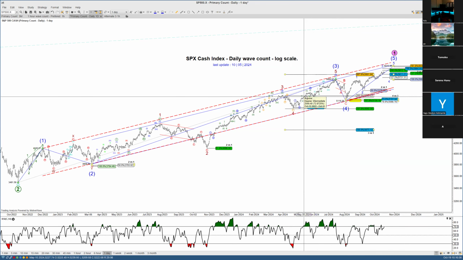This is why I don't track these RSIs and stuff. What is that thing doing? Nothing to me. I can prove you any indicator, any divergence on the indicator on fibs. I mastered these fibs.